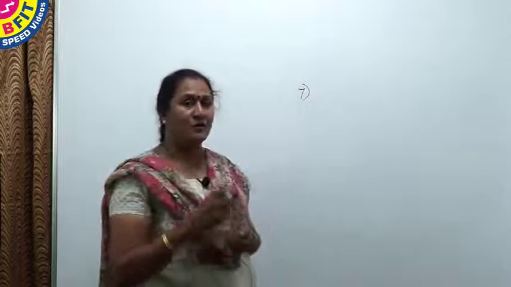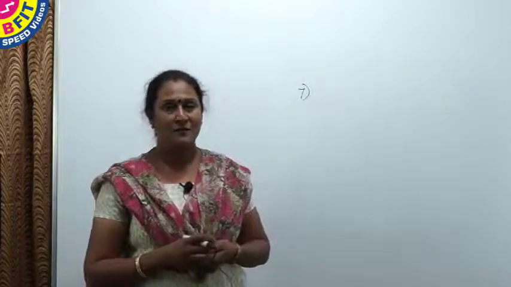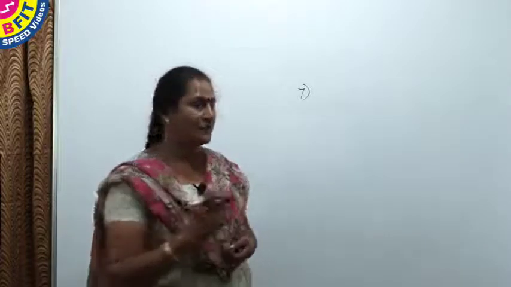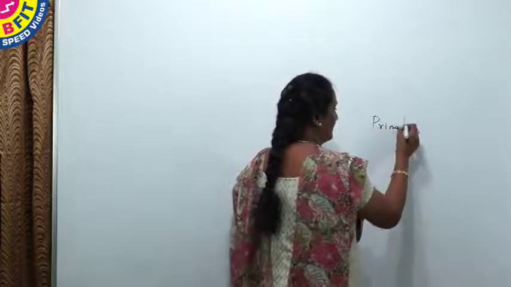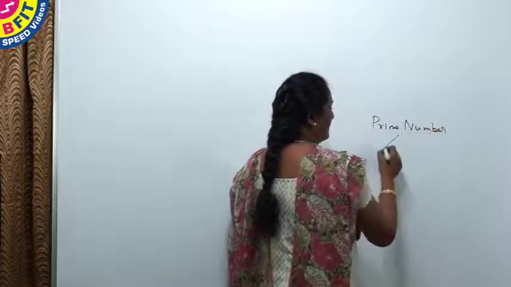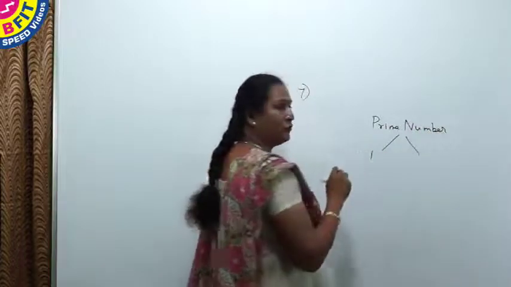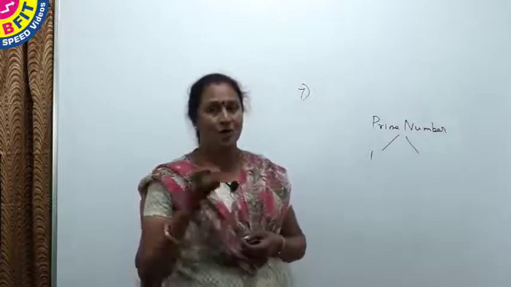Before working out this question, we will see what prime and relatively prime numbers are. A prime number should have exactly two factors. If it has exactly two factors, then it is considered a prime number. Otherwise, it is a composite number.